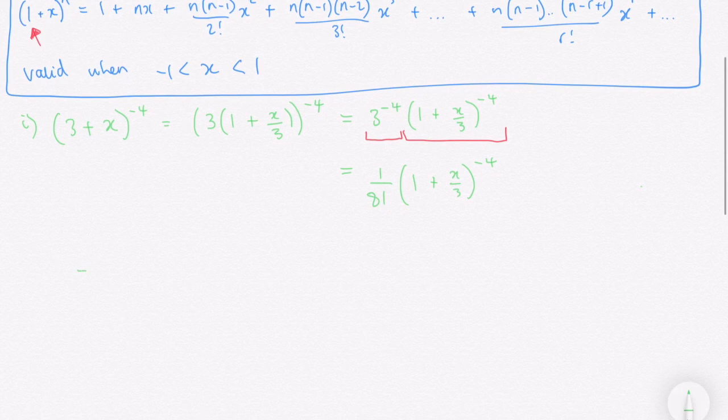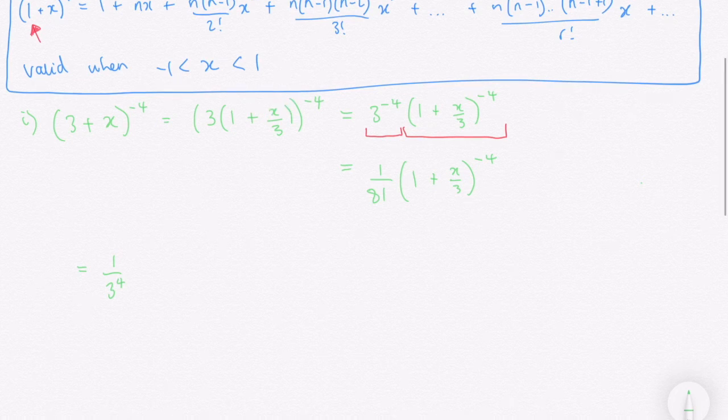This is equal to 1 over 81. And it might actually be more useful to write this as 3 to the power of 4, because hopefully some factors will start cancelling. So 1 over 3 to the power of 4, lots of 1 plus nx. Well, n is minus 4, and in place of x, we have x over 3.